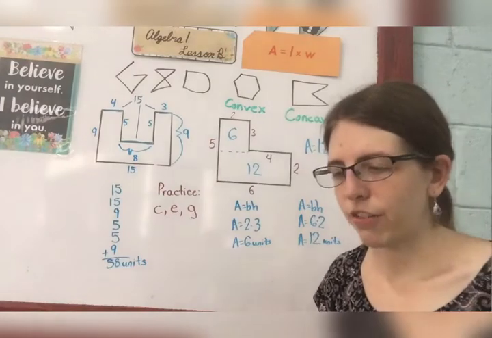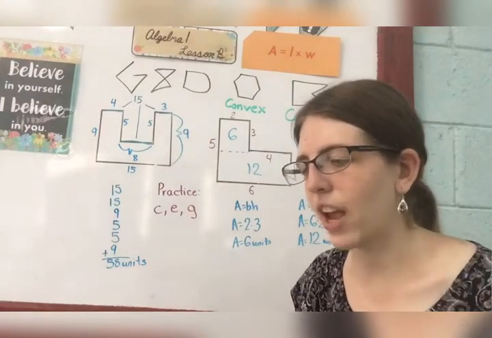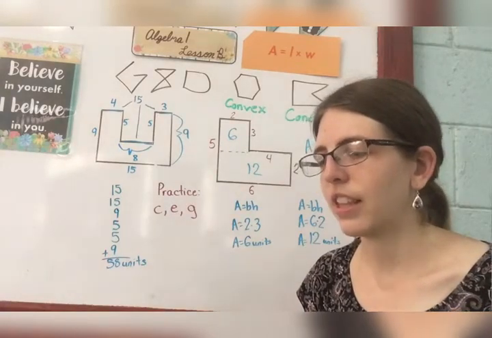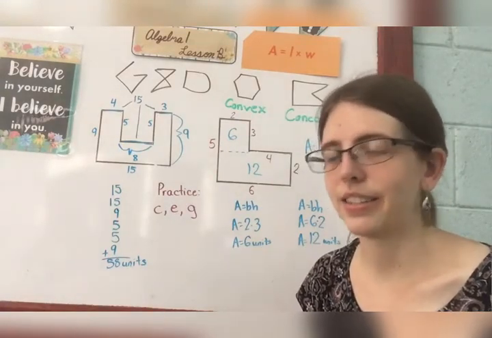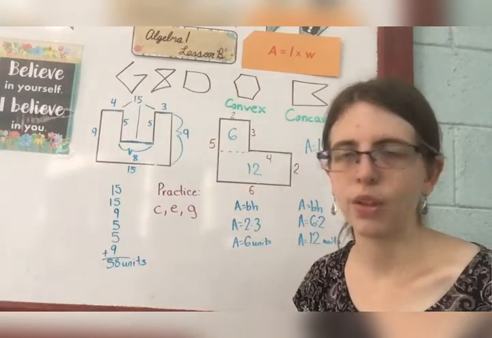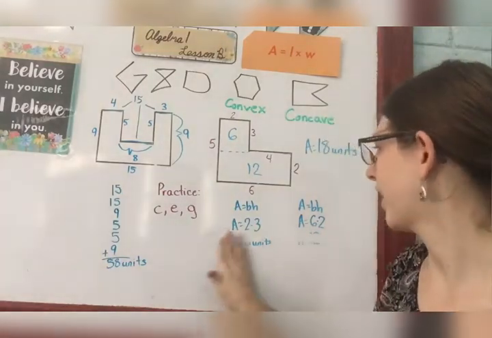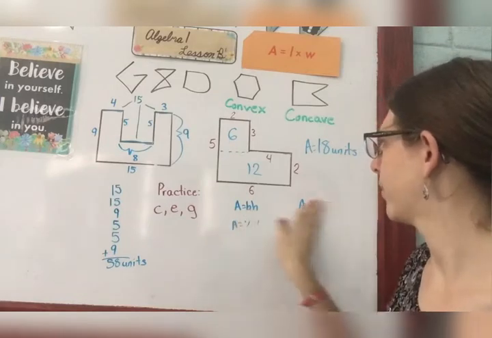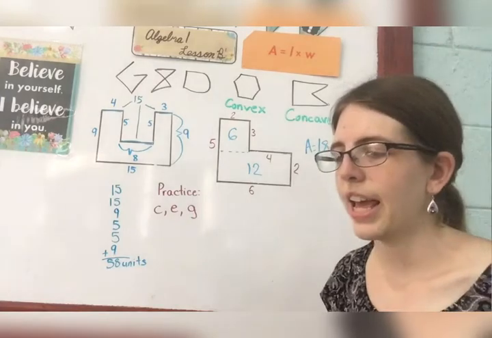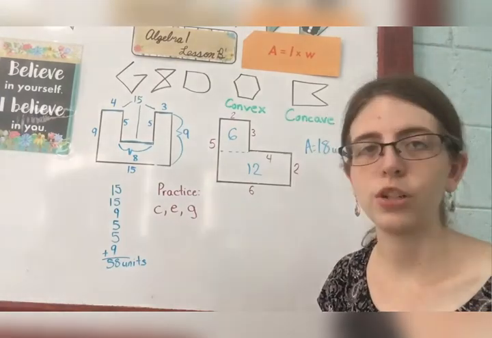Look at C for a minute. It says the area of a rectangle is 42 square meters. The length of one side is 6 meters. What is the length of the other side? Okay, analyze what this is saying. Okay, erase this so you can see better. All right, it says the area of a rectangle is 42 square meters.